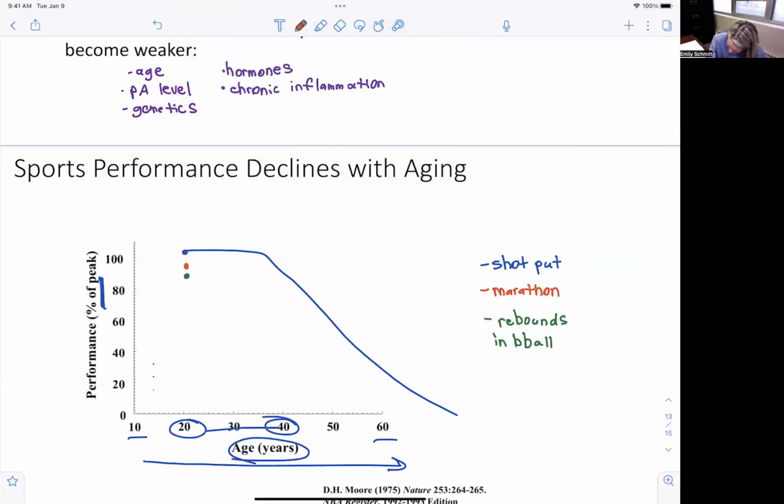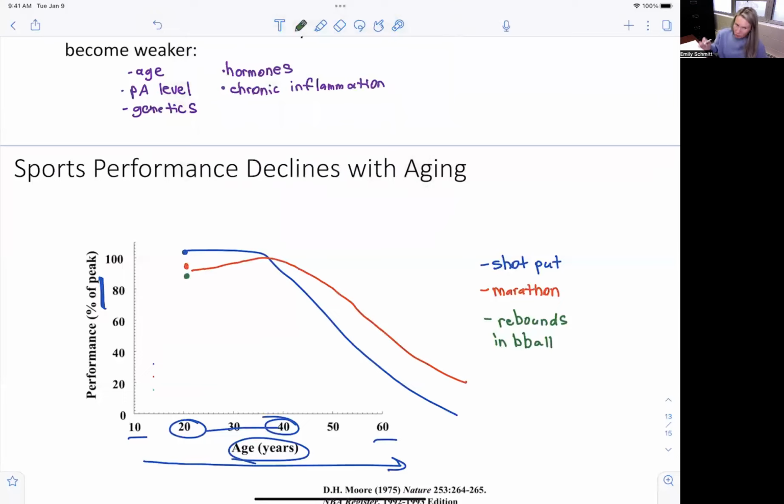So the marathon, you actually can get better up until your 30s and 40s, and then you don't dip off quite as much as more of a strength sport like the shot put. So marathon is more aerobic versus anaerobic. We'll get into those terms in a second.